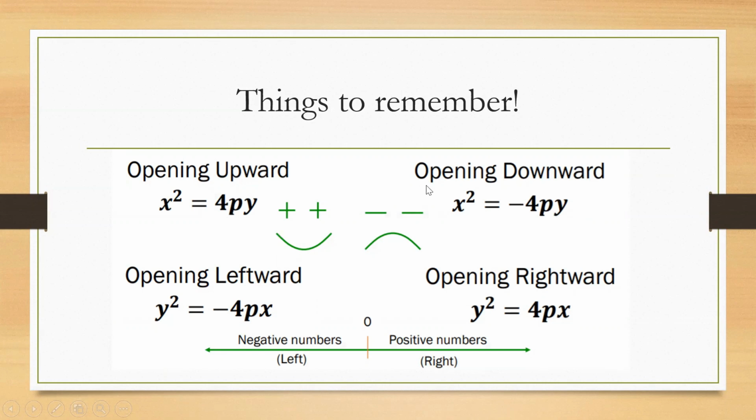On the other hand, if y is being squared, then the parabola can either open to the left or to the right. It will open to the left if our 4p is negative, and it will open to the right when our 4p is positive.